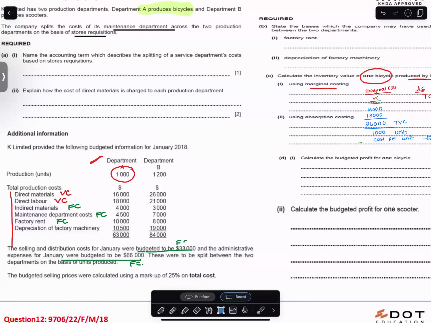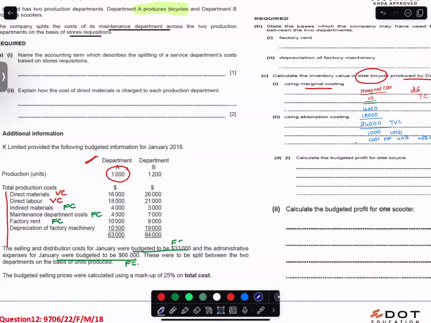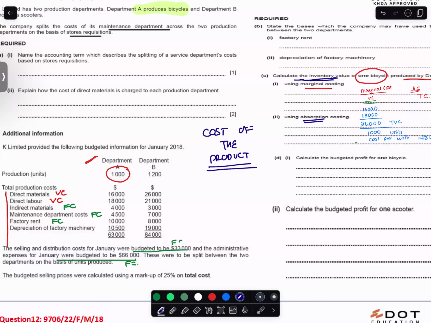Now you want to find the inventory valuation of one bicycle using which method? Absorption costing. See, when you're finding the cost of the product, you will only take the expenses that happen in the factory.